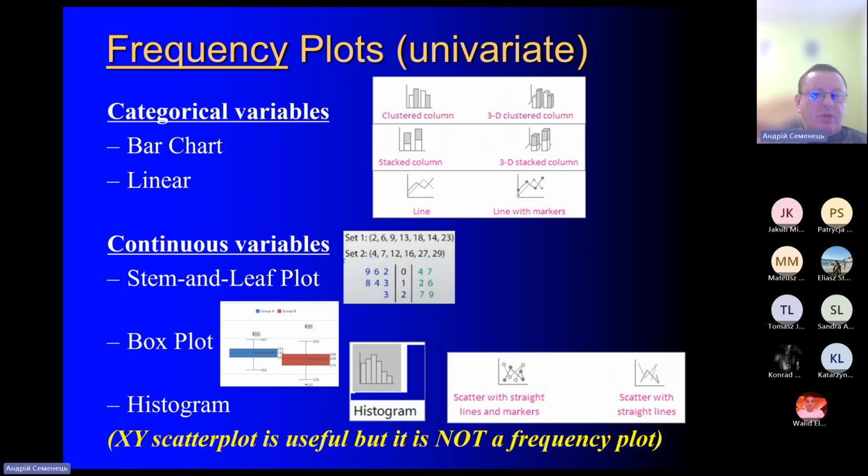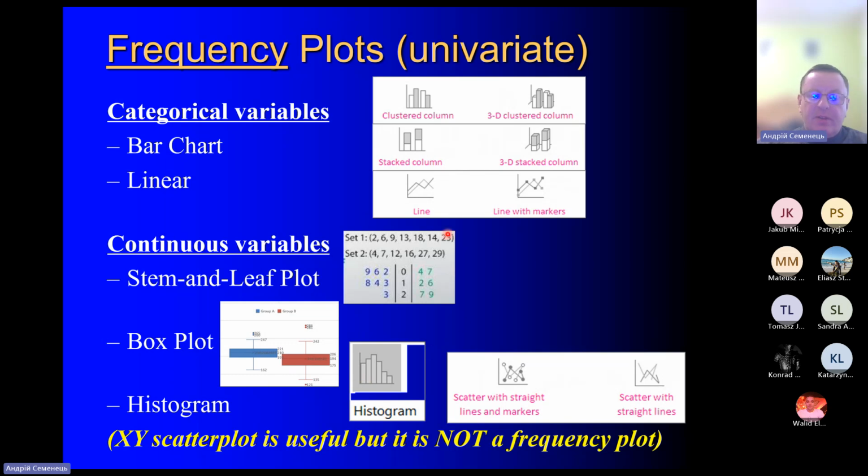In the case of categorical variables, it's useful to have a bar chart or line chart of various types, like this one. They will depict occurrences per category. In the case of continuous variables, to visualize frequency, usually we use things like stem and leaf plot, box plot, and histogram.